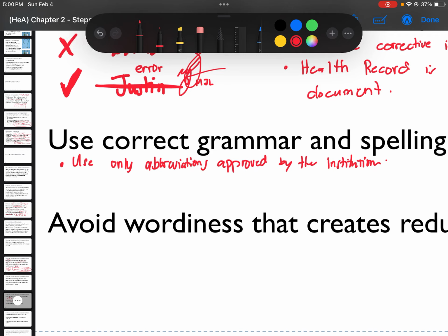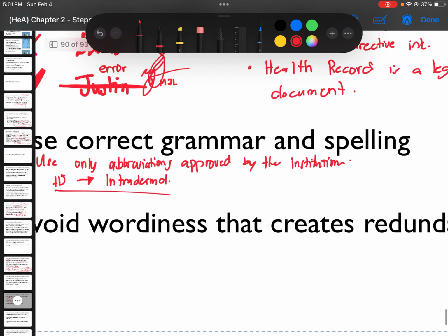In the hospital, class, we might chart something like ID. Now, let's say, for example, the hospital defines ID as intradermal. That is how they use ID.